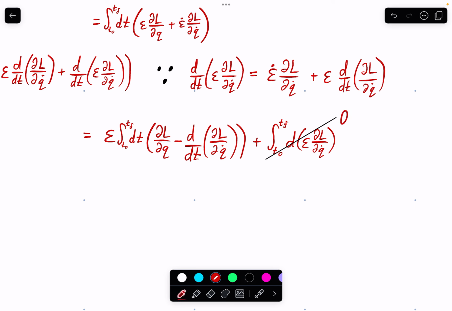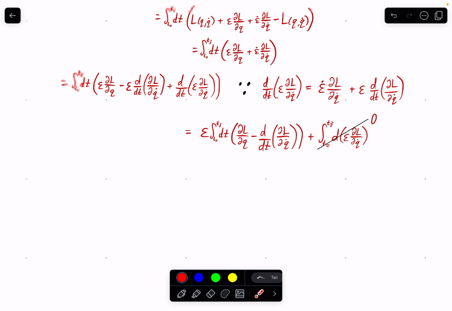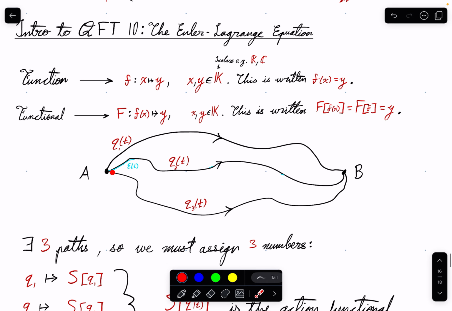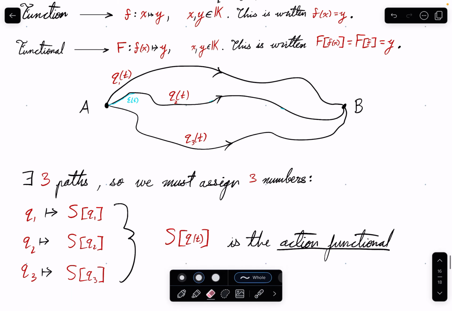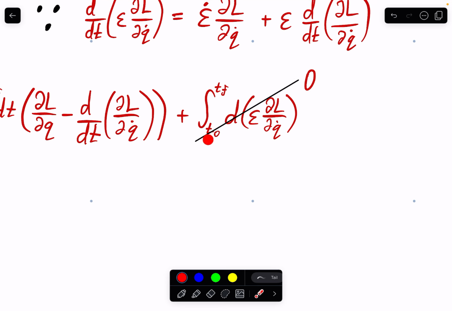This goes to 0. Why does this go to 0? Well, what you're doing is taking the integral over time of the amount that the Lagrangian changes with respect to this. But the definition of having something infinitely close means that they must have the same beginning and end points. And so by the fundamental theorem of calculus, this value actually goes to 0.